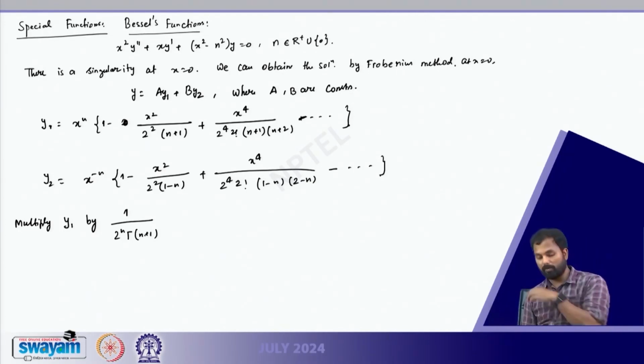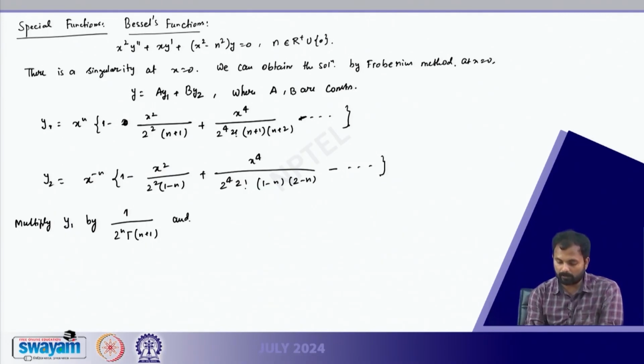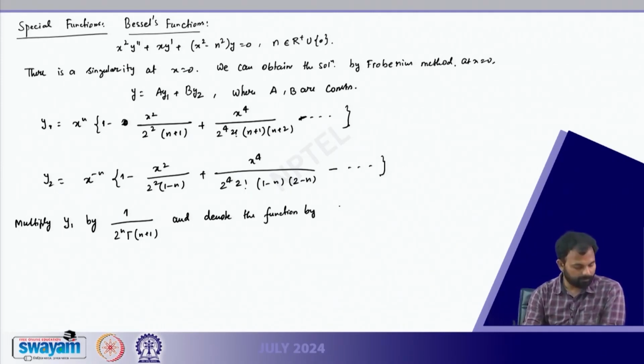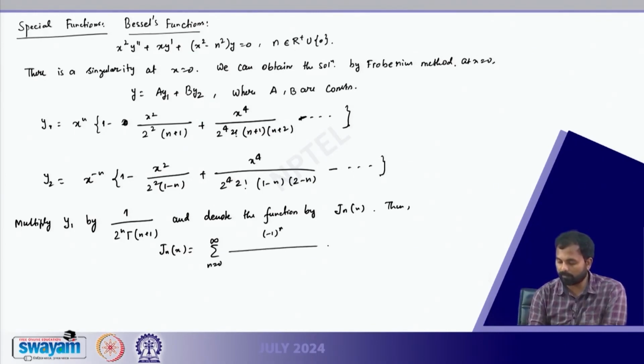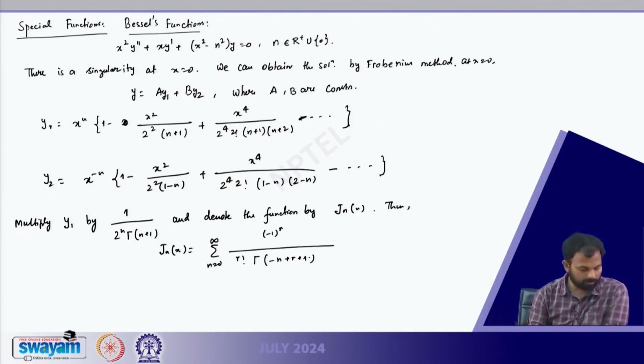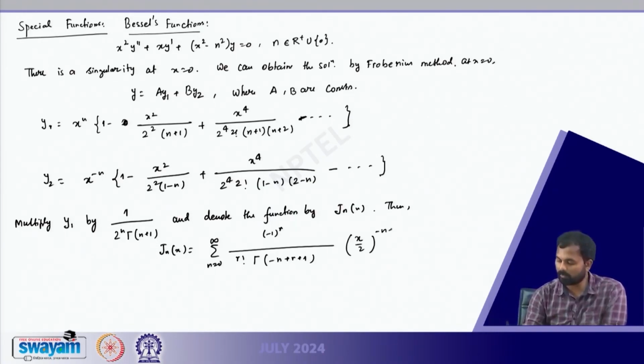This gamma is basically our gamma function, which I hope you are already familiar with, and denote the function by J_n(x). Thus, J_n(x) will be the summation, r running from 0 to infinity, of (minus 1) to the power r over factorial r gamma (n plus r plus 1) times (x by 2) to the power (n plus 2r).